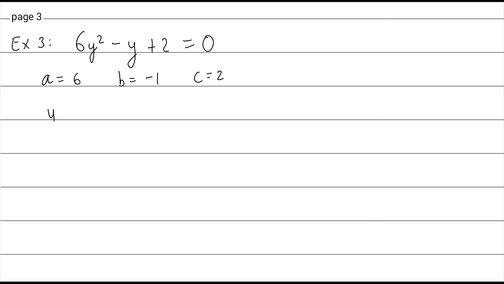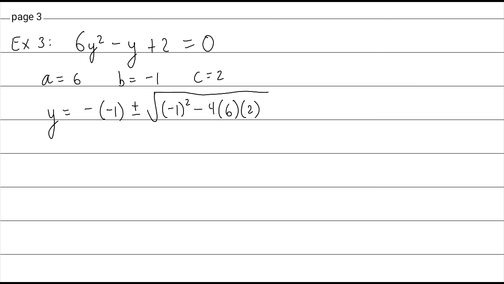So y equals negative b plus or minus the square root of b squared minus 4 times a times c, and all of that is over 2 times a. All right.